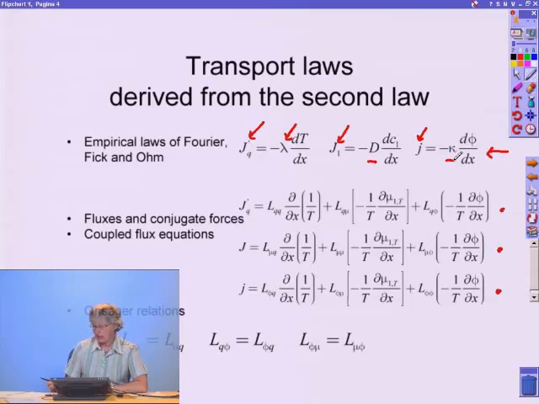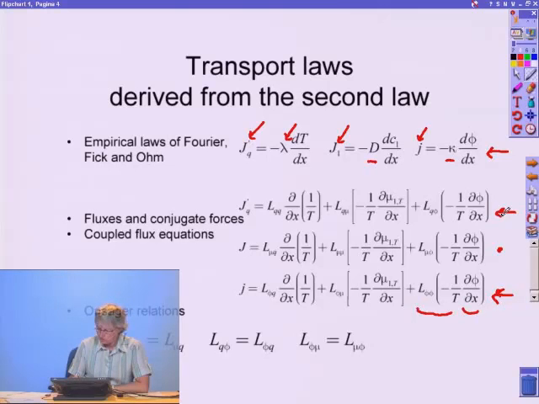We can recognize the simple rate laws if we look here at the current density. You see that the gradient in the electric potential is here. So the product of L55 and 1 over the temperature is in fact identified as the electric conductivity. And here, in the heat flux equation, you have the derivative of 1 over T, which is dT over T squared, with a minus in front.